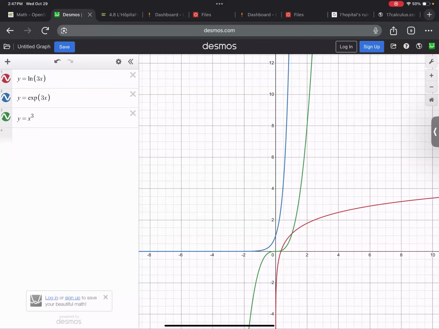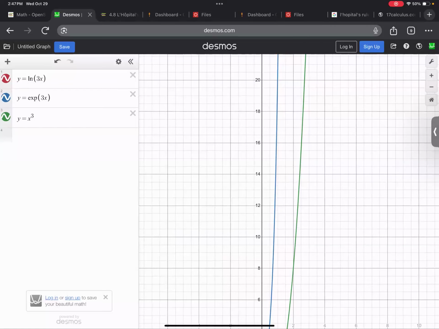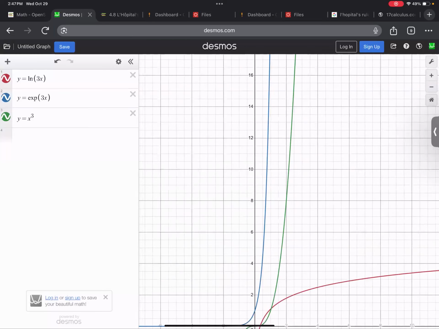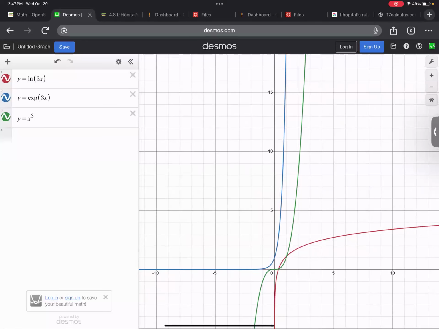X cubed is only giving us, when we do it at 1, we're only getting a 1 here. But when I do e to the 3x, when I go up to a 1, we're all the way up here somewhere. So even at 1, e to the 3x is growing a lot faster. And we can see natural log of 3x grows the slowest.